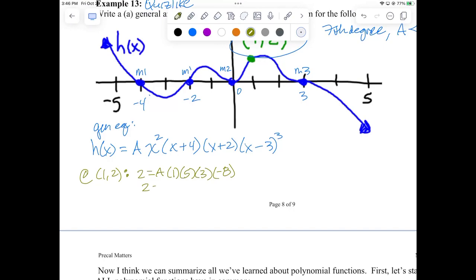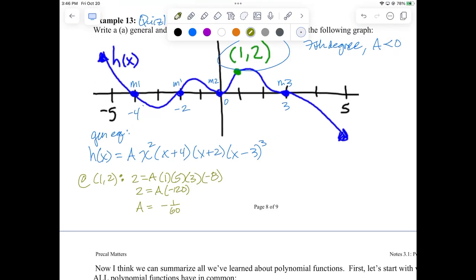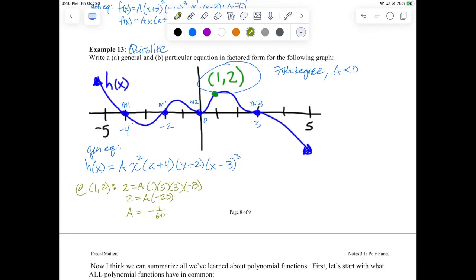So I get 2 equals a times -40 times 3, which is -120. And I divide through by -120, and I get a equals -1 over 60. So that's a vertical compression by a factor of 60. Don't be surprised if your a values are always really, really small numbers.